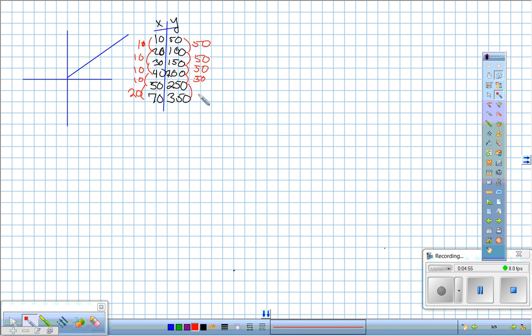And 250 to 350 is actually 100. So I can divide these two numbers: 20 divided by 2 equals 10, and 100 divided by 2 equals 50, I'm sorry.